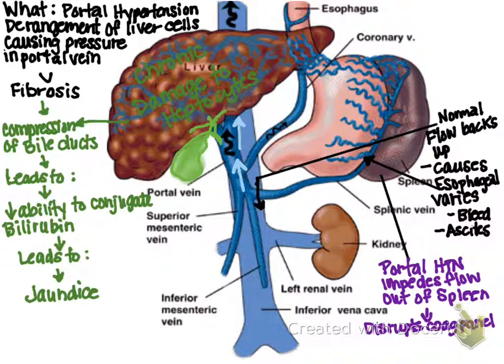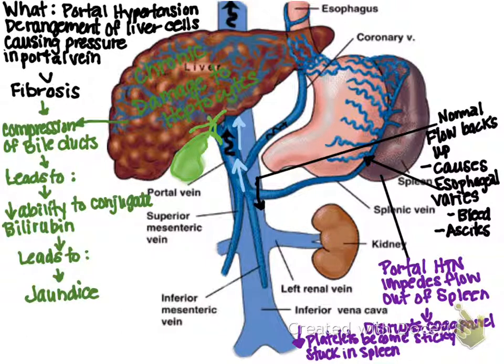But this portal hypertension impedes the flow out of the spleen and disrupts the coagulation panel. Often the spleen will get large. You'll have splenomegaly, so then it'll call for more blood flow to the spleen, which makes it bigger, and that further messes up your coagulation panels.